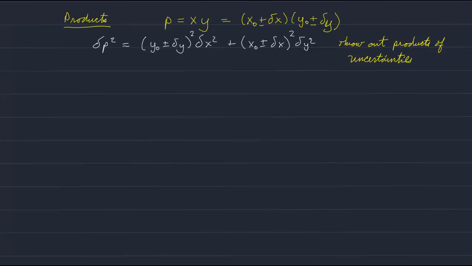And when we do that, we get that the uncertainty of P is equal to the square root of y naught squared delta x squared plus x naught squared times delta y squared. And it becomes convenient in this case to write the uncertainty in P in terms of the fractional uncertainty.